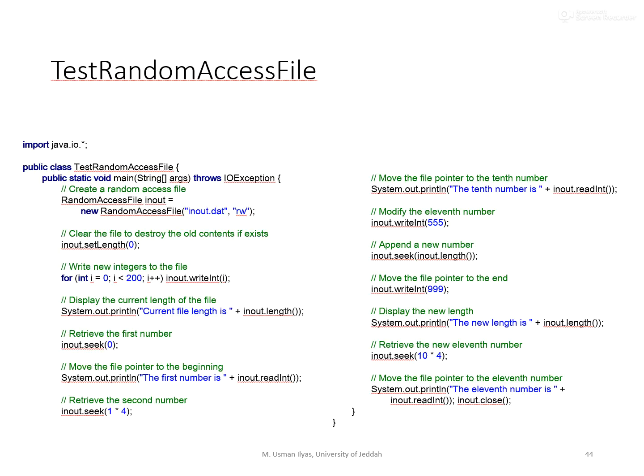So let's look at an example. This is the code that we're going to look at. Again, the entire code is one main method, and what we're going to do is open a file called inout.dat. We're going to open it for reading and writing, because the second argument to the constructor of the RandomAccessFile class is this RW string.